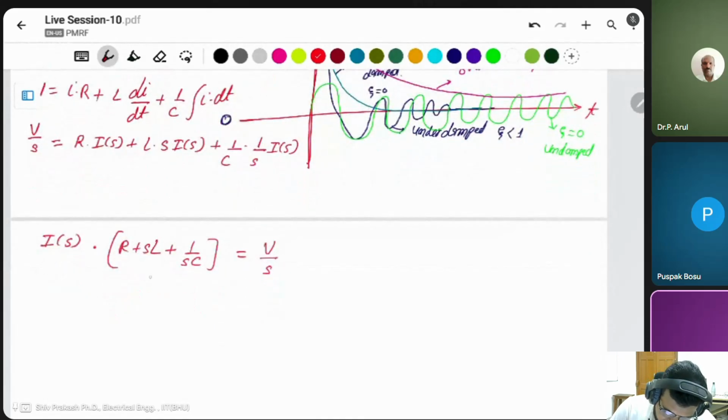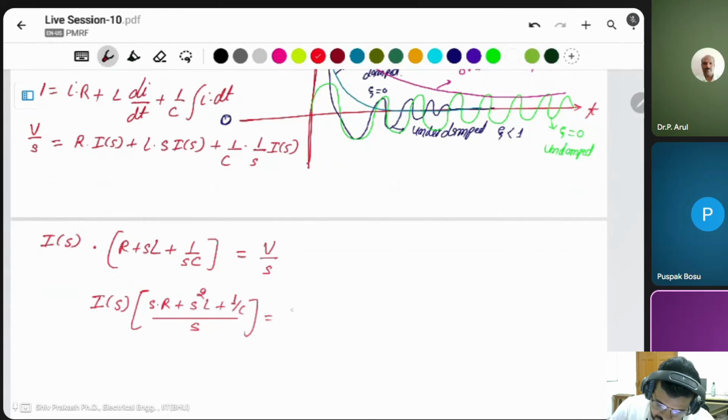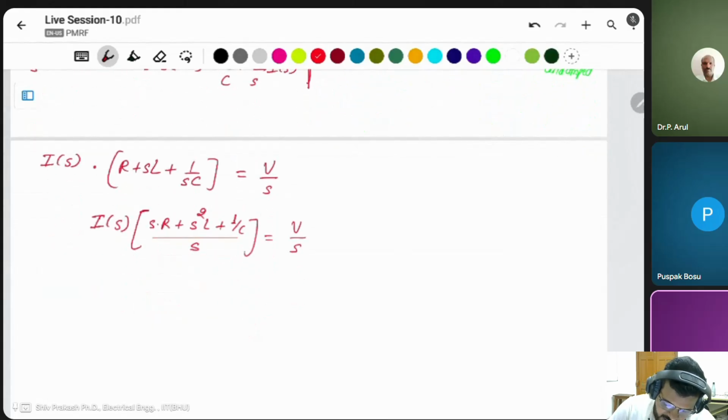We can take the LCM, which is SC. Then S into R plus S square L plus 1 by C is equal to V by S. The S will cancel out.